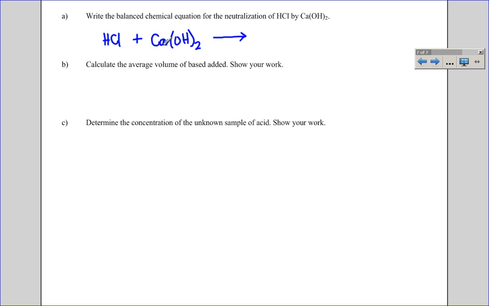So the calcium has a 2+ charge, and the chlorine has a -1 charge. So we're going to produce calcium chloride. And the H and the OH are going to make our other product, which is going to be water. So as you can see, when you react an acid with a base, you produce a salt and water.